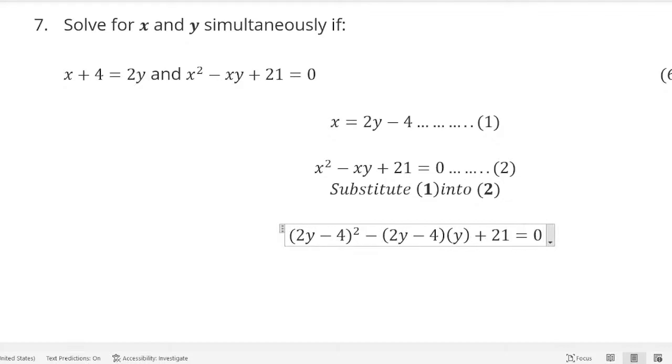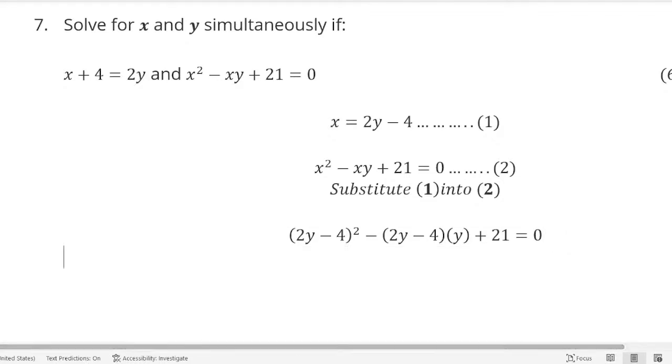Where there is x, we put 2y minus 4. So let's simplify this by inspection.